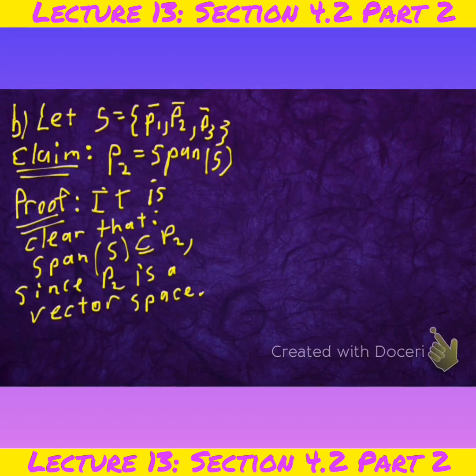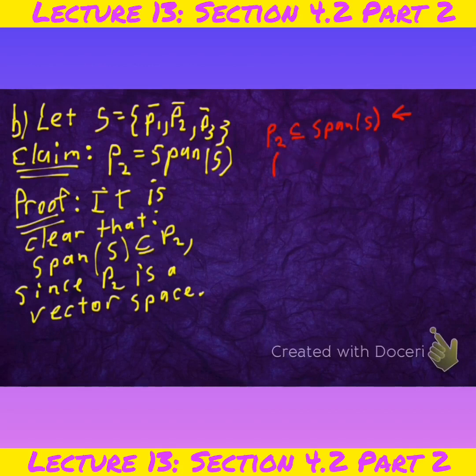Right, so we know the span of S is contained in P2. If we go back to what we need to prove, we've proven this part here, and now we need to prove that part there. How do we prove that?